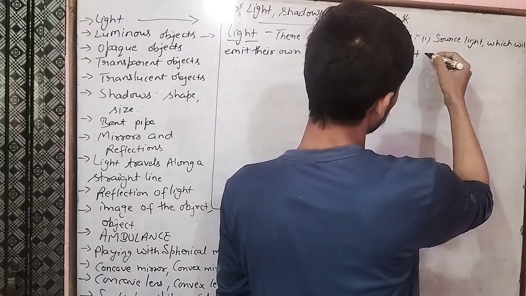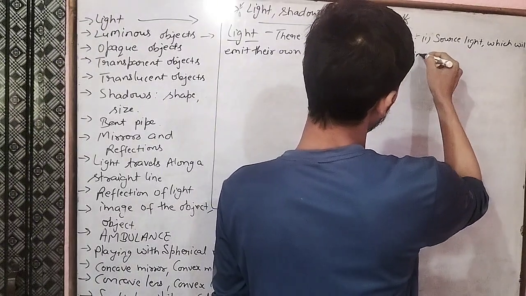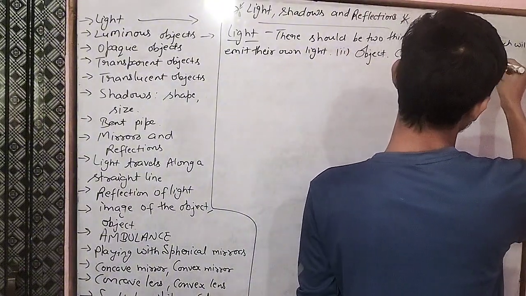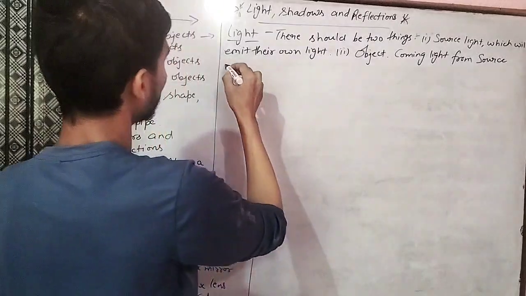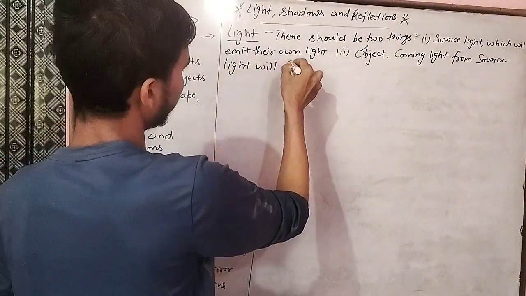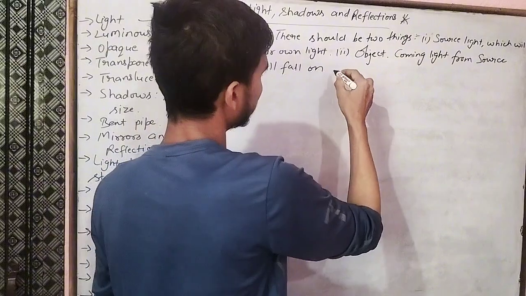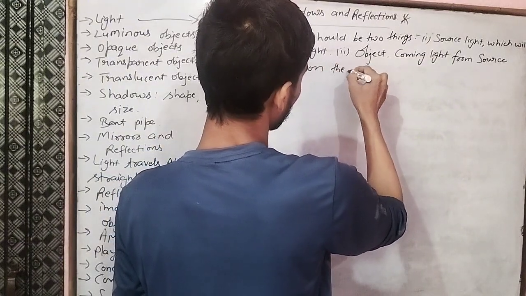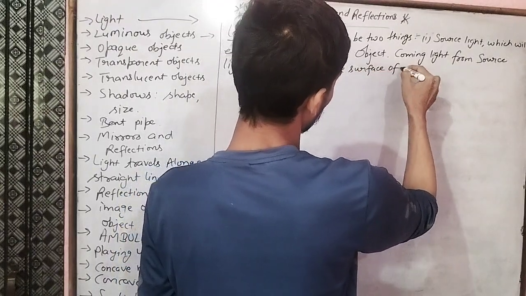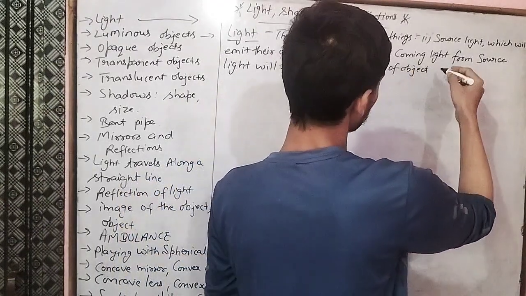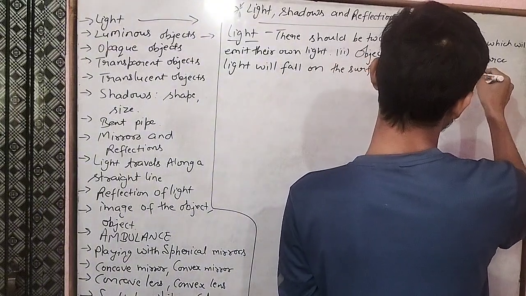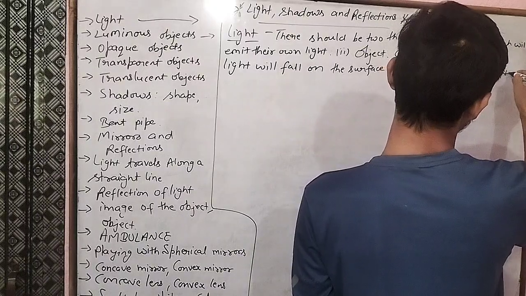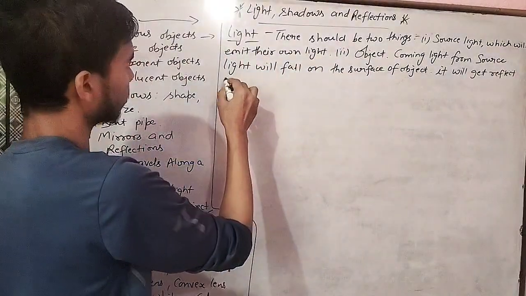Light coming from the source light will fall on the surface of the object. It will get reflected, bounce back.